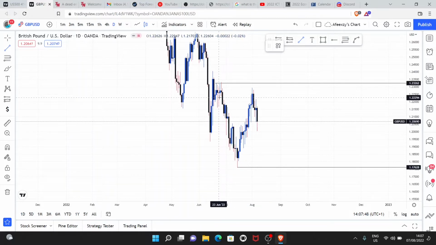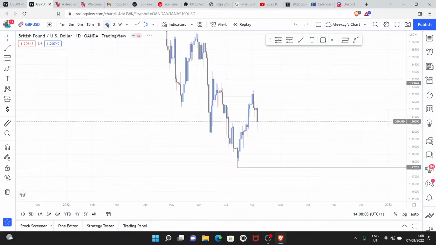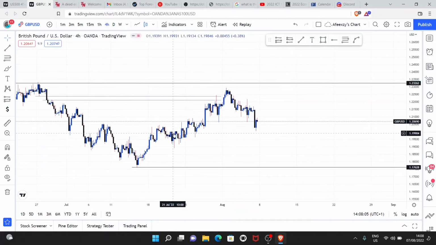So this is a fair value gap that was being filled and played around in last week.